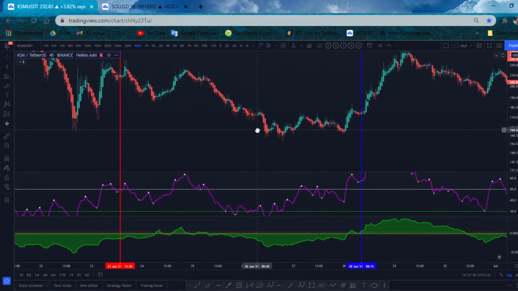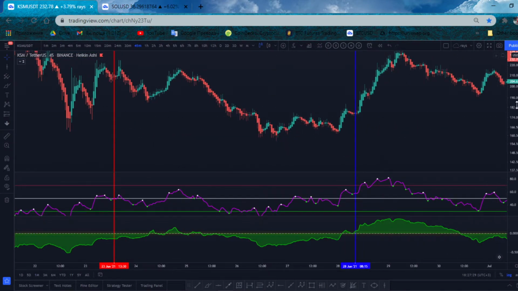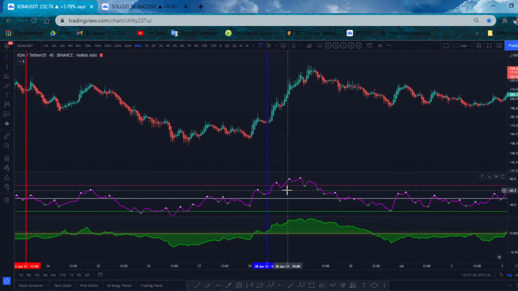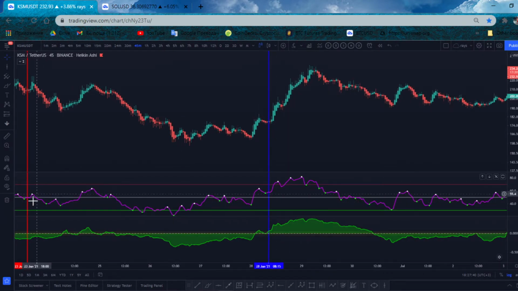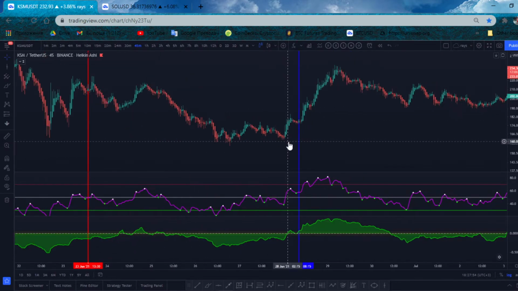Okay, the next example is that blue line here, and that's the complete opposite example. So after the red line, we didn't have volume, we didn't have buying pressure, and the price action went down.